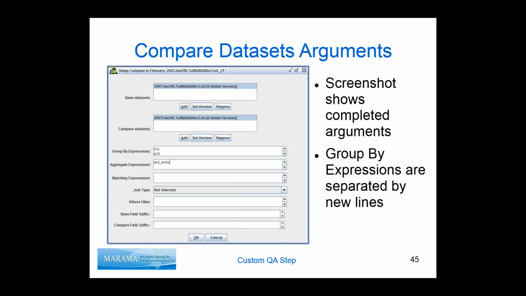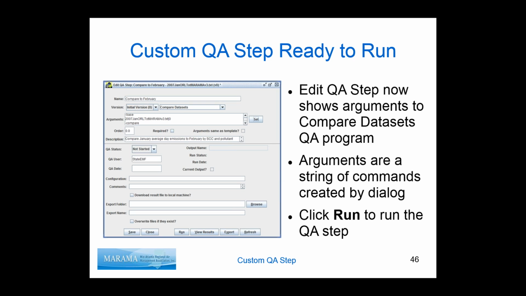So on this previous page, once we were done, we clicked OK to go ahead and save our arguments. And so then when we come back to the QA step, our arguments are populated. The arguments to this program are actually a string of commands. But using the set dialog makes it easier to enter them without having to try to type stuff directly in.